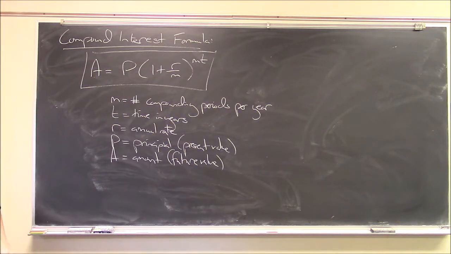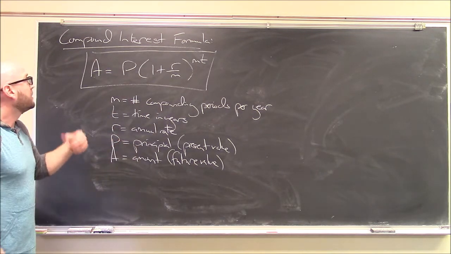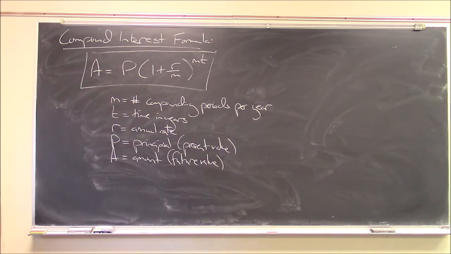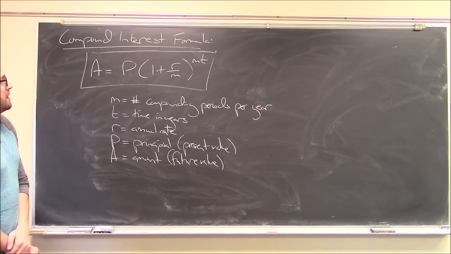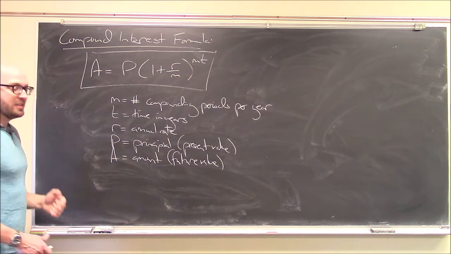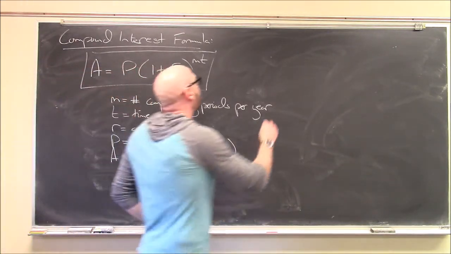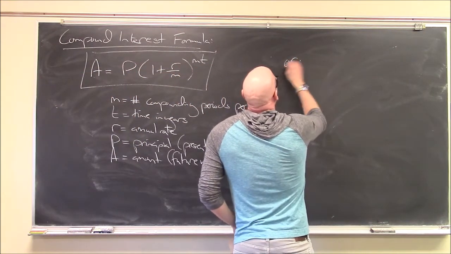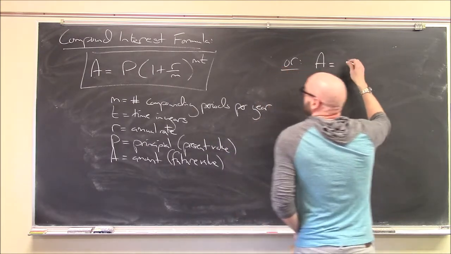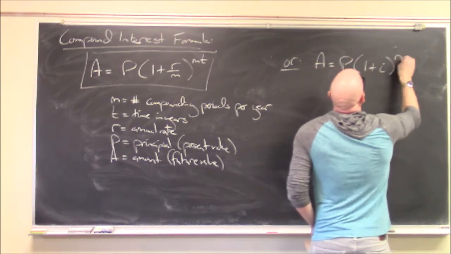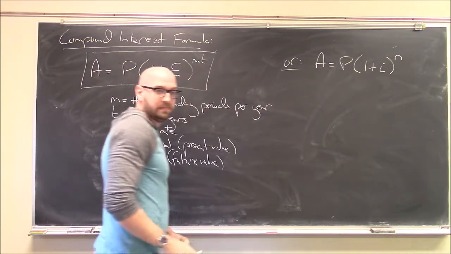And there's the formula. I feel like this is the more standard formula. If you look up compound interest formula, you'll see this written in most places. But the textbook seems a little bit more partial to a slightly different form. And you'll see this form in some of the homework problems as well. Or A is just P times 1 plus i to the n.